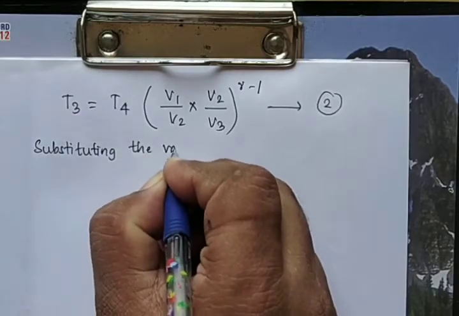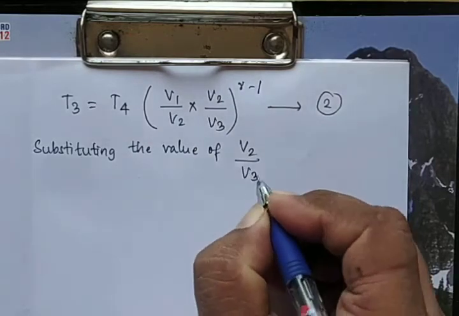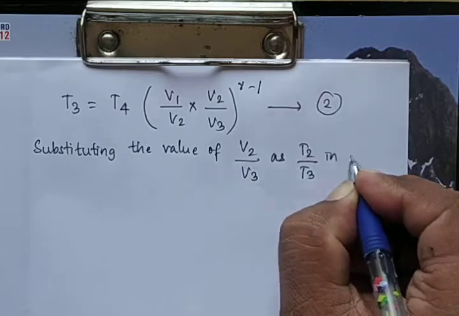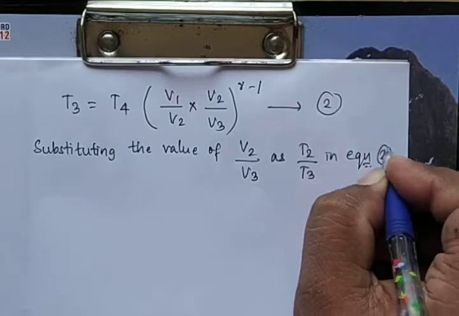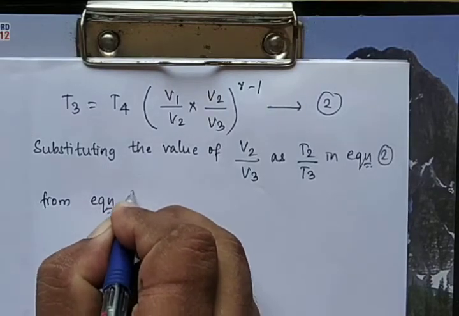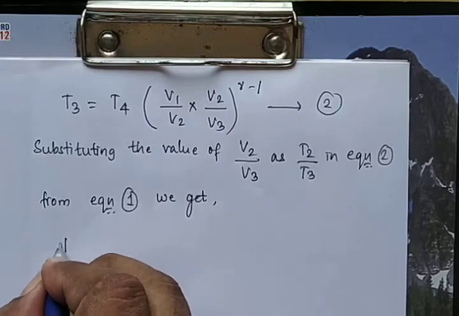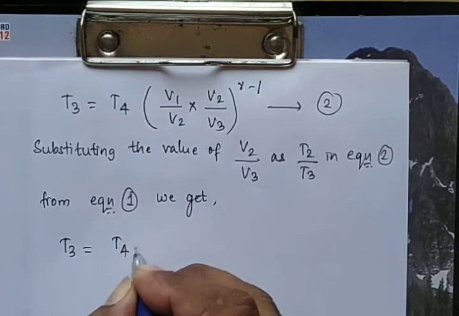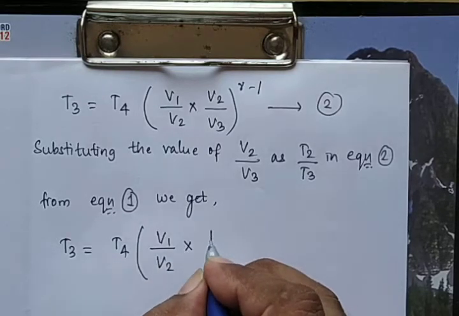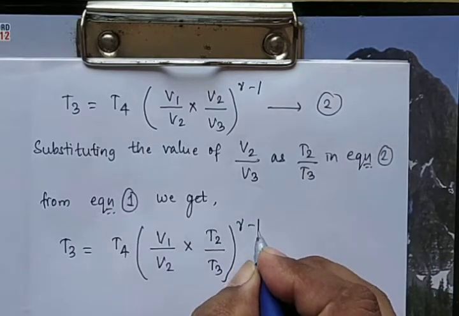Substituting the value of V2 by V3 as T2 by T3 from equation 1 in equation 2, we get T3 is equal to T4 into bracket V1 by V2 into T2 by T3 whole raised to gamma minus 1.